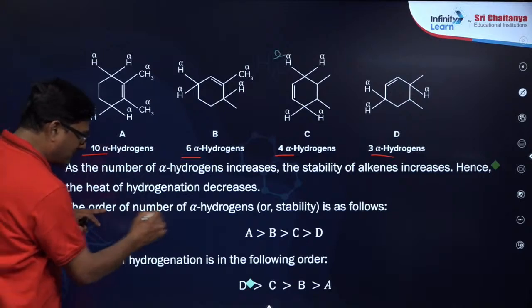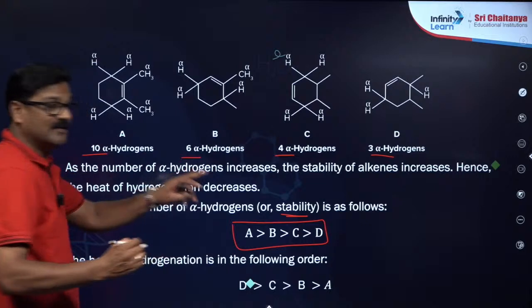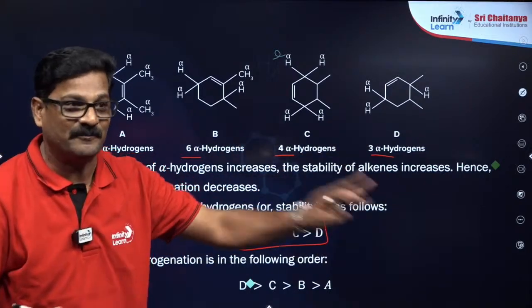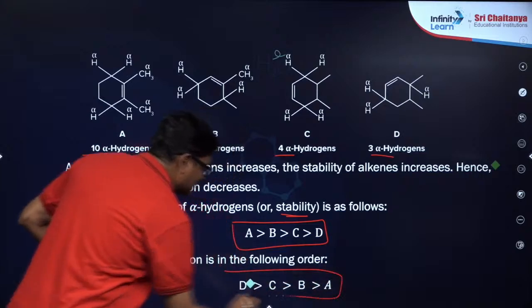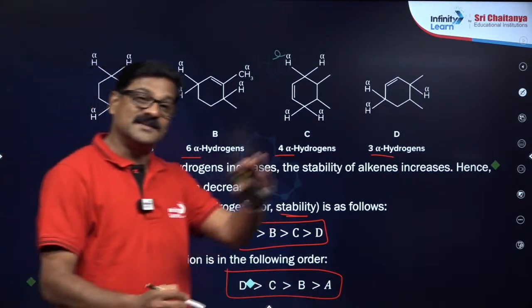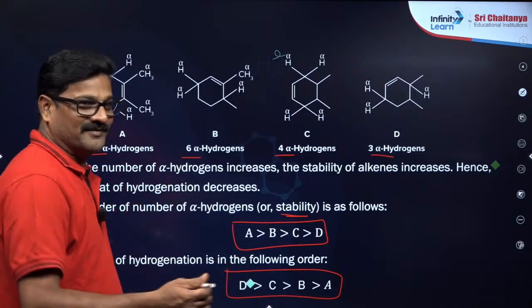So number of alpha hydrogen and stability order A होगा, A greater than B greater than C greater than D, and the heat of hydrogenation follows the reverse, D greater than C greater than B greater than A. ठीक कमाल किया आप लोग.